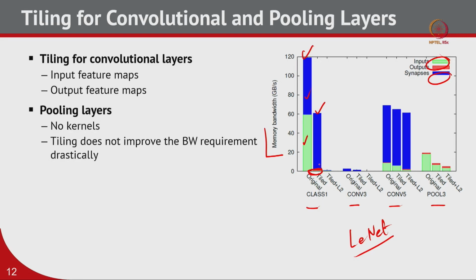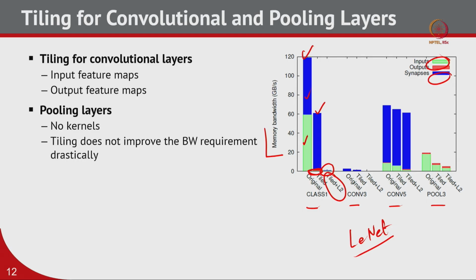That is the memory bandwidth requirement for the output. Okay. That was as per expectation, right. Furthermore, they also use this L2 cache, where they can reuse some synapses from the L2 cache. So, the memory bandwidth requirement was reduced further, right.